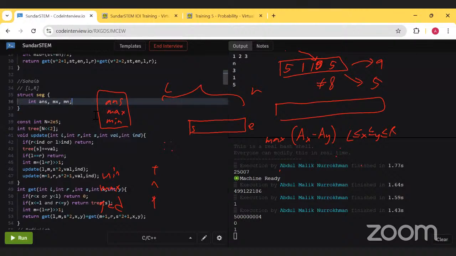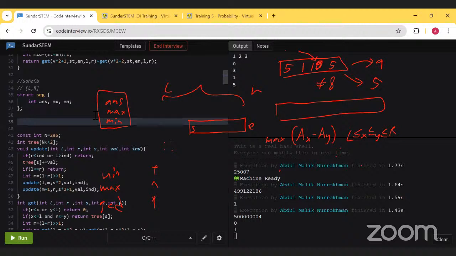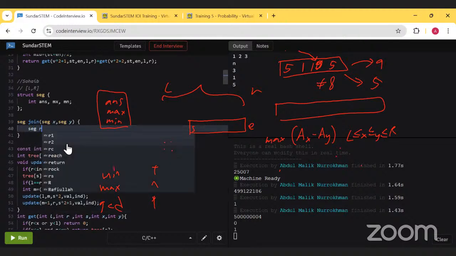And then we have to make a join function between x and y. What if we want to join a segment x and y? Then what will be the result?